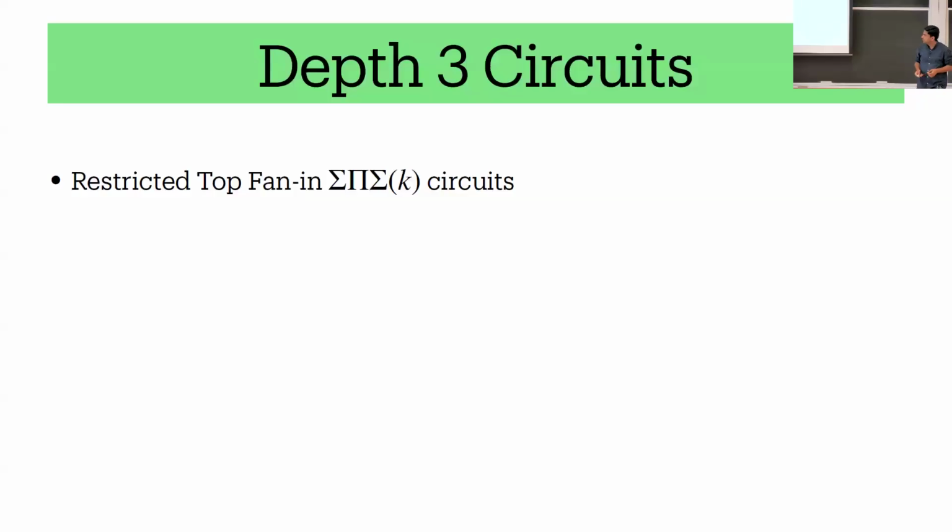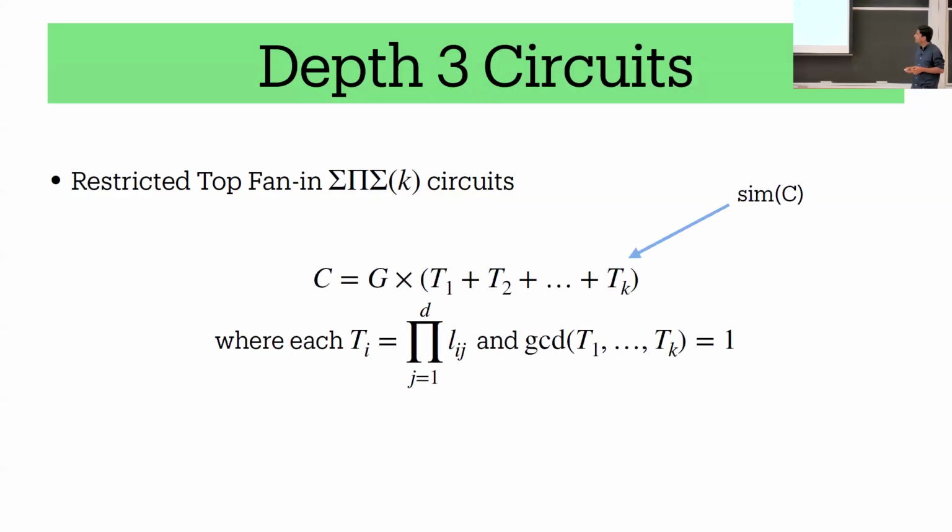We will be representing this sigma pi sigma circuit with top fan-in k by this notation. To write the algebraic expression for what we just discussed, you can also take out the GCD of all these gates, which means you take out all the linear forms that happen to be in all the gates, and the remaining part you call the simple part of the circuit.